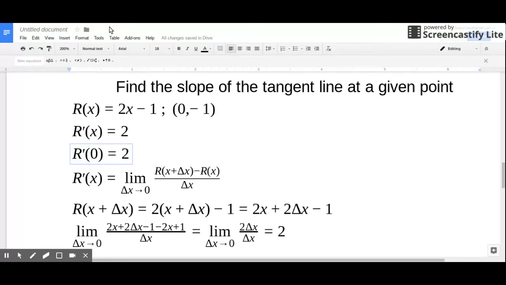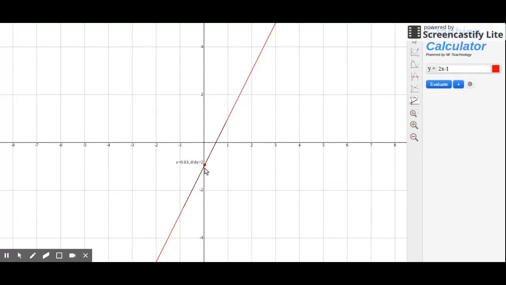Okay, this is the graph of 2x minus 1, and we're at the point 0, -1, which is right here, and you can see that the derivative is obviously 2. The derivative is 2 at 0, -1.